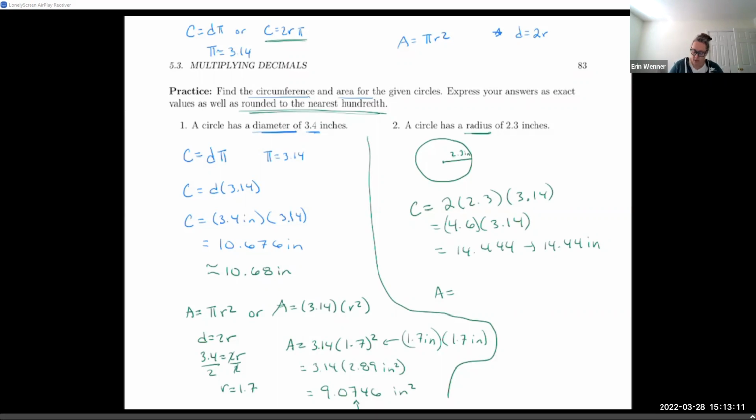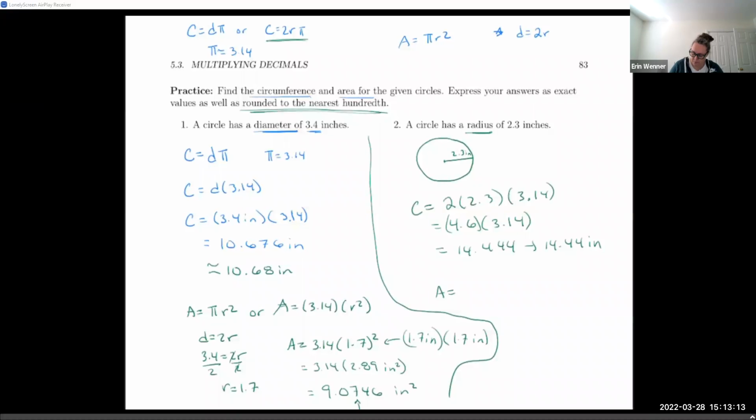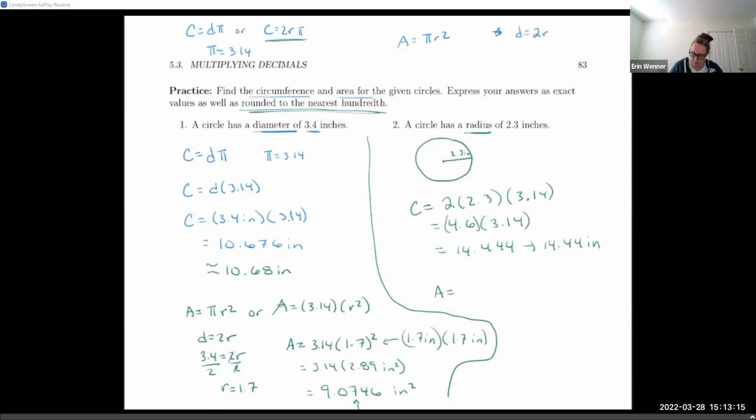For area, we're going to square the radius and multiply it times pi. So we've got 3.14 for pi, and then we're going to multiply it by 2.3 squared. Again, you have to do the exponent part first before you can multiply it times 3.14. So 2.3 squared, or 2.3 times 2.3, is going to give us 5.29.